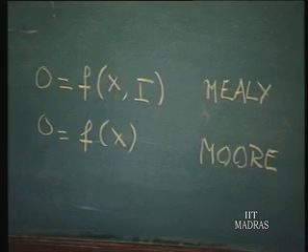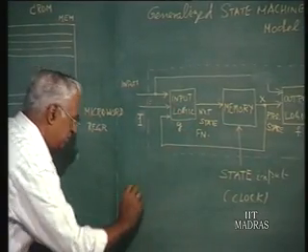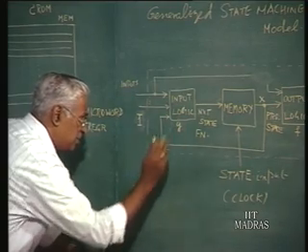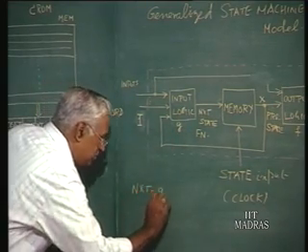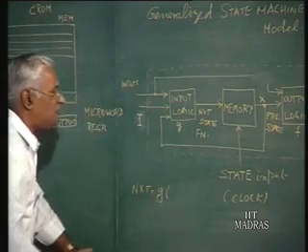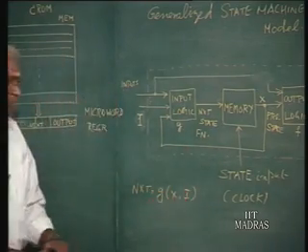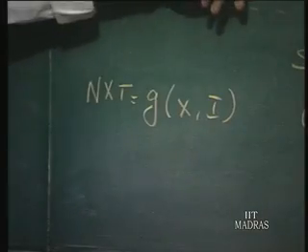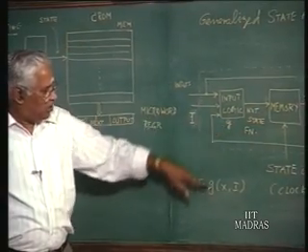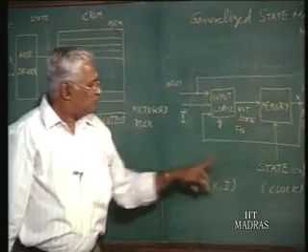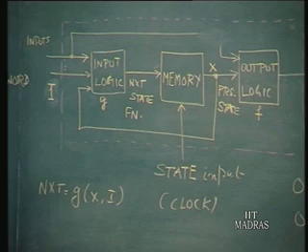Well, the next state is a function of, as you can see here, the next state, what are the inputs? So I'll just put it as next, is a function that is g of x and I. Yeah, as shown here. The next state is a function that is g of x as well as I. Okay.